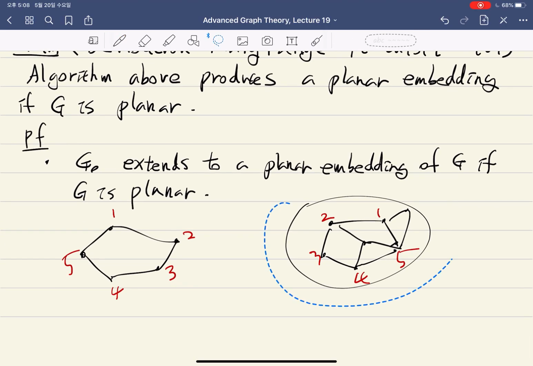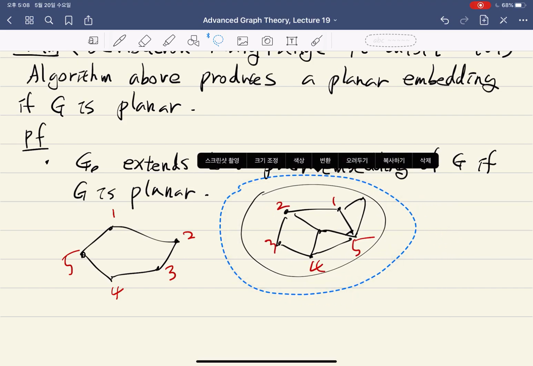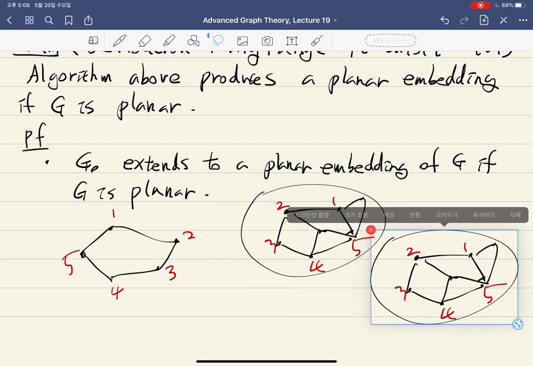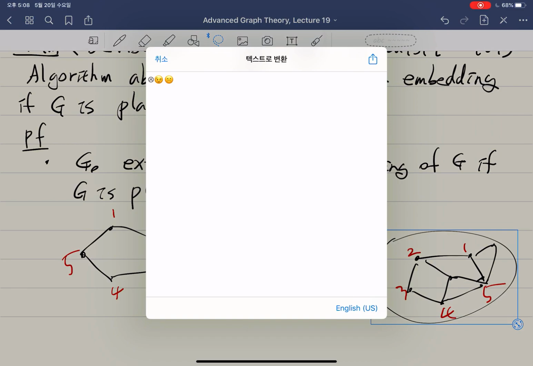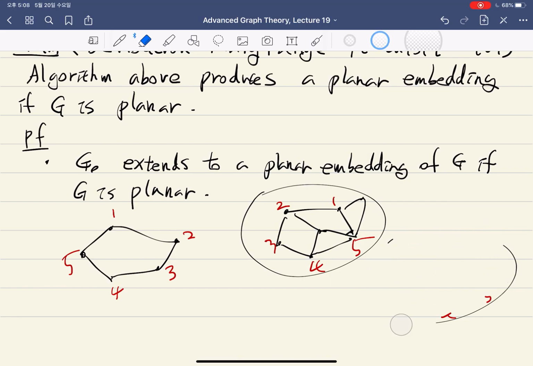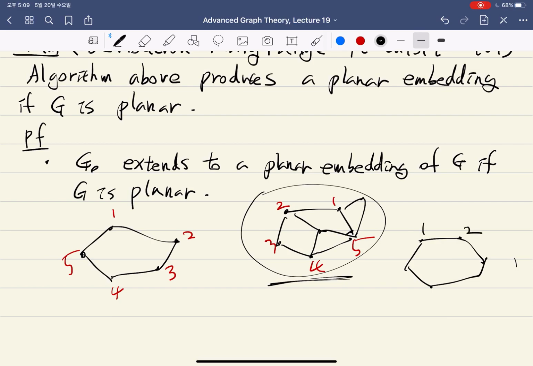Anyway, you can take a mirror image of this. So if G can be embedded this way, then you take the mirror image, and this is also a planar embedding.